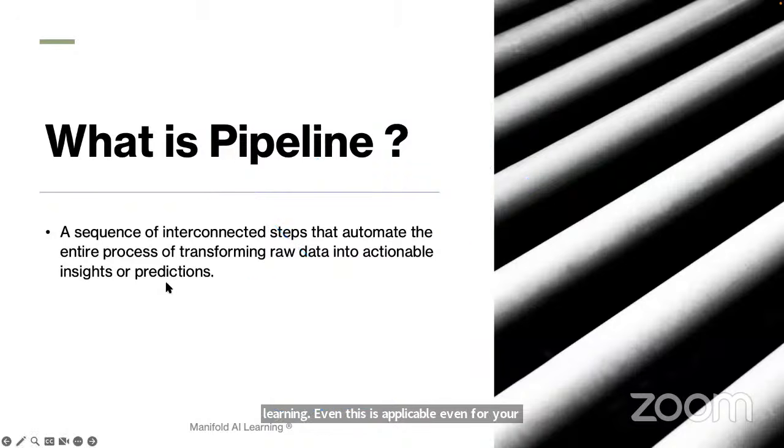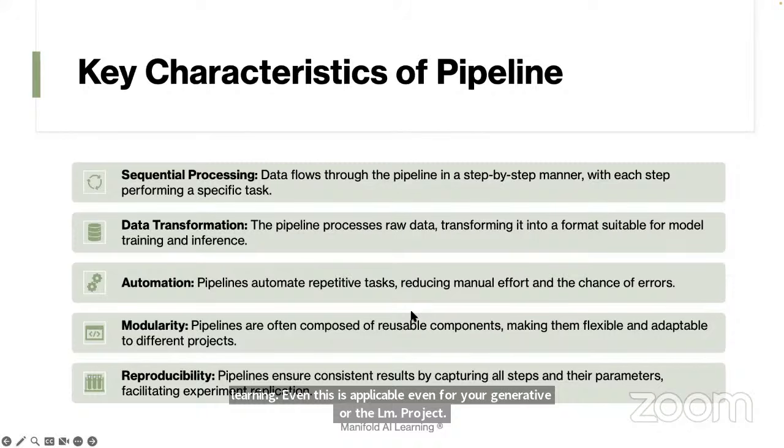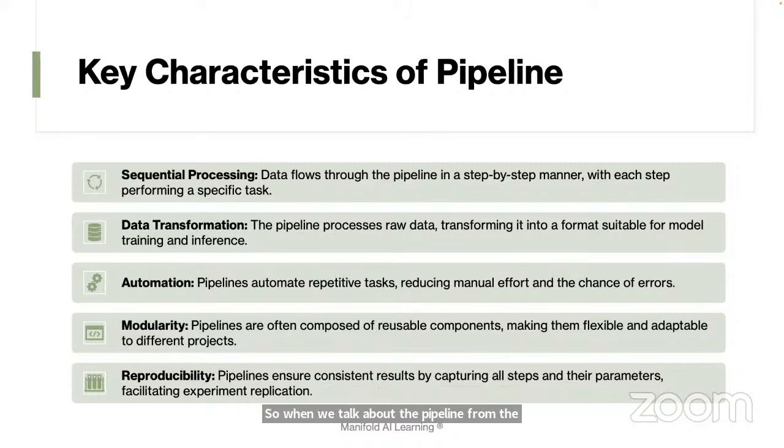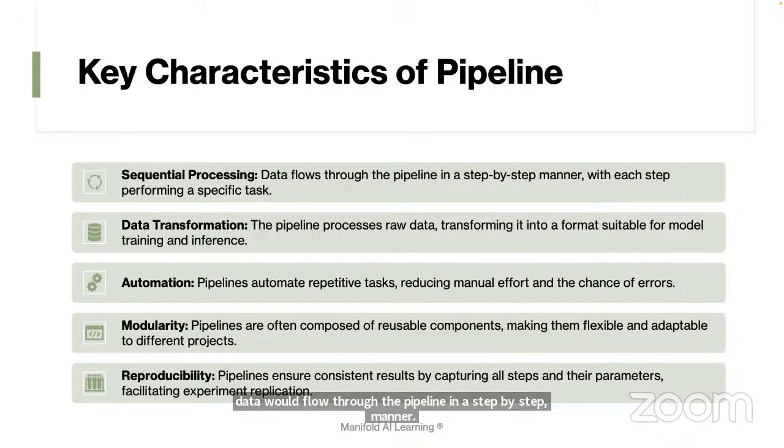When we talk about the pipeline from the machine learning standpoint, some of the key characteristics we can observe are sequential processing, where the data flows through the pipeline in a step-by-step manner, with each step performing a specific task.